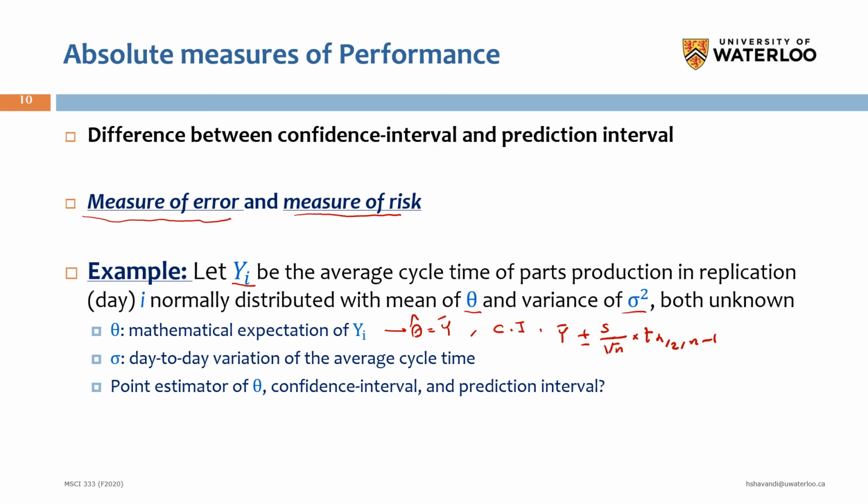So that's about the prediction interval, which is y bar plus minus s times the square root of 1 plus 1 over n, times t half alpha, n minus 1.